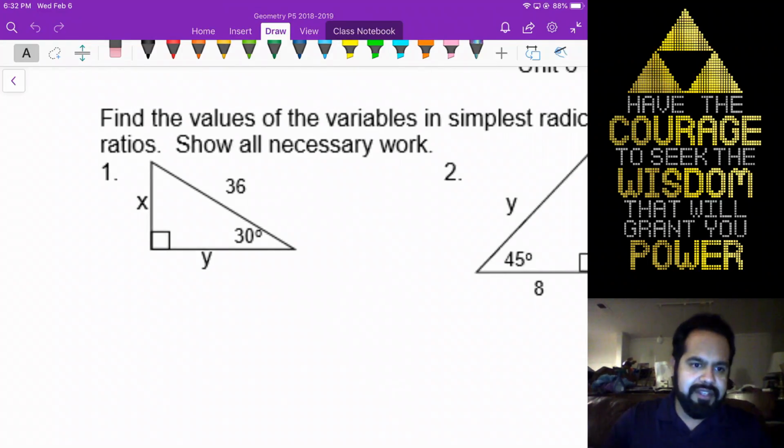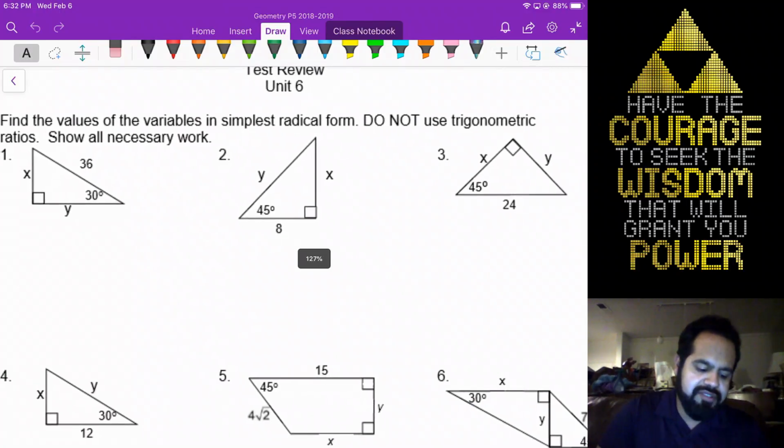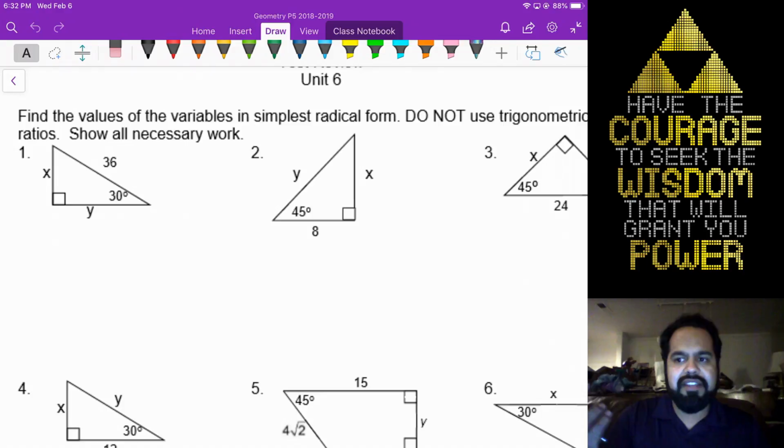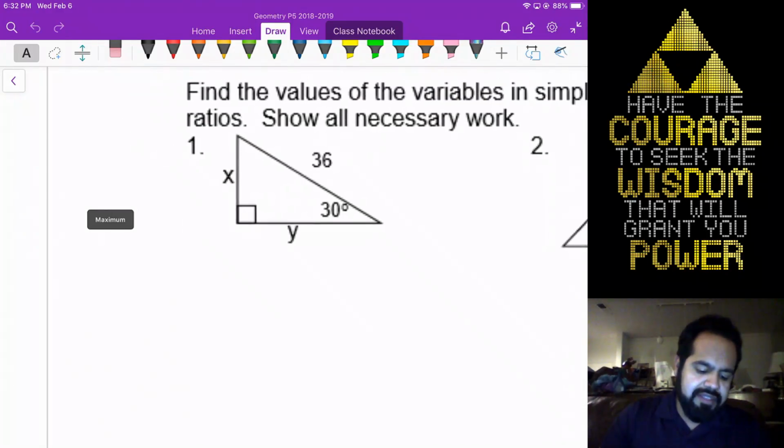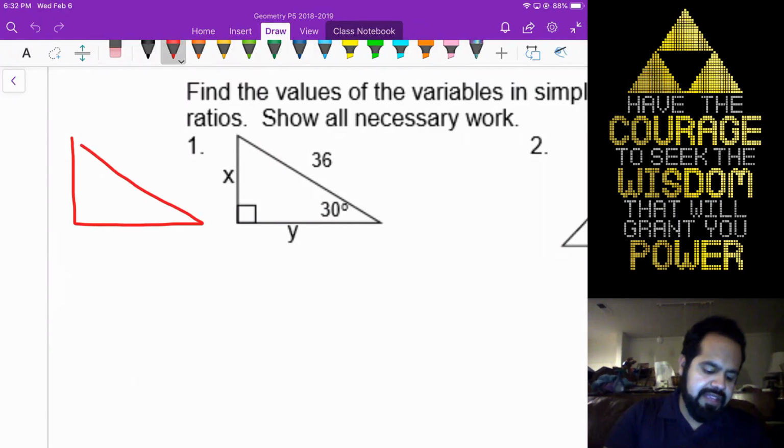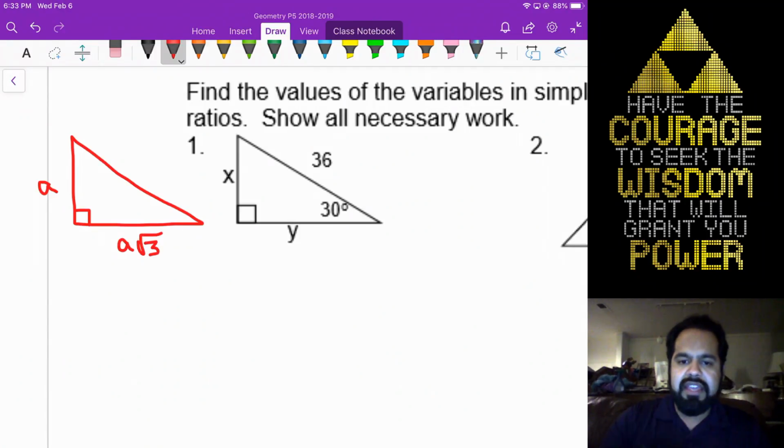Got the first triangle here. Special right triangle. It does say, do not use trig to solve it. We're using our 30, 60, 90 triangles, 45, 45, 90s. So in a 30, 60, 90, I know I didn't teach it to you guys this way, but if you have your short side here, we call that ratio A. We have our long leg, which we call A rad 3, and then we have our hypotenuse, which is 2A.